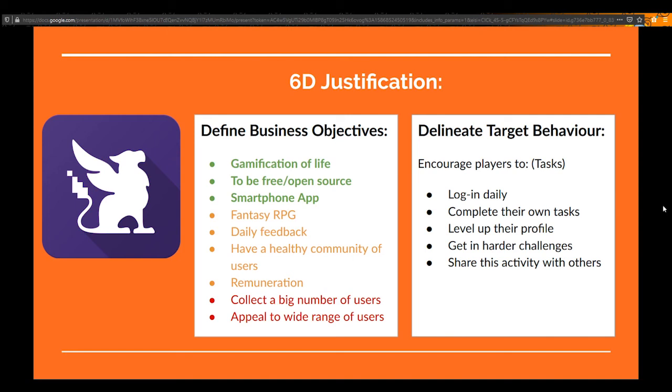This would lead to unlocking greater challenges and boss battles with friends, and acquisition of better avatar customizables. And all of these can be quantified with the KPIs, or key performance indicators, inside their applications. Next slide.